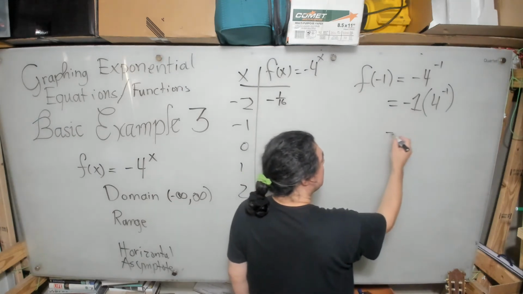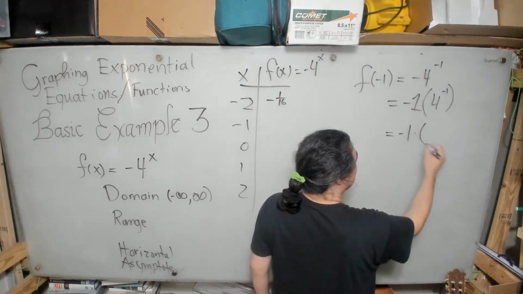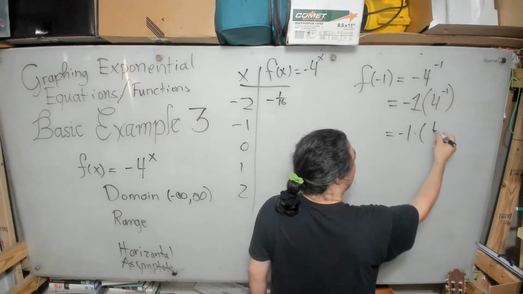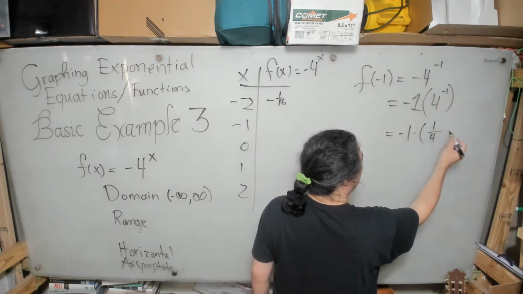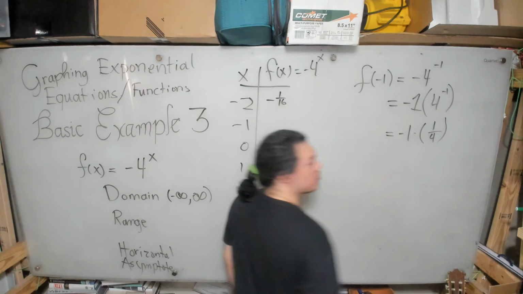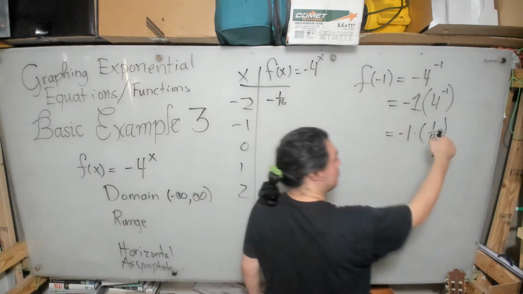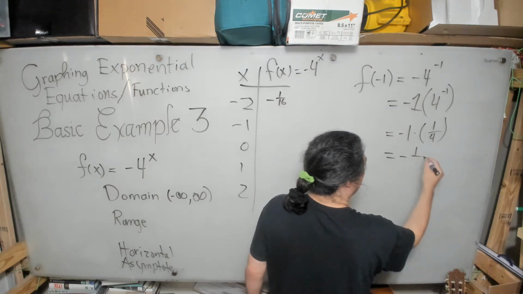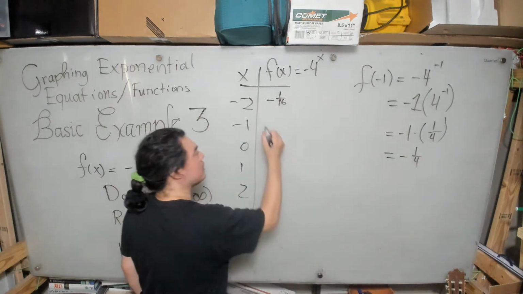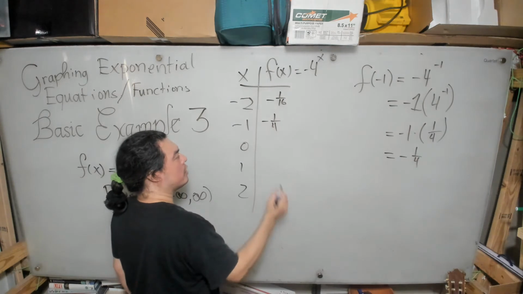And then this is going to be -1 times, what's 4 to the -1? 1 over 4 to the 1 power, okay? But of course 4 to the 1 power is just 4, so I can just write it like this. And then -1 times 1/4 is going to be -1/4, like this. Okay?